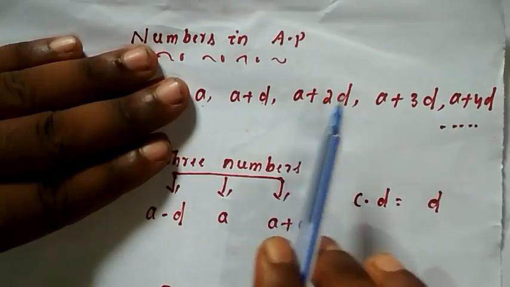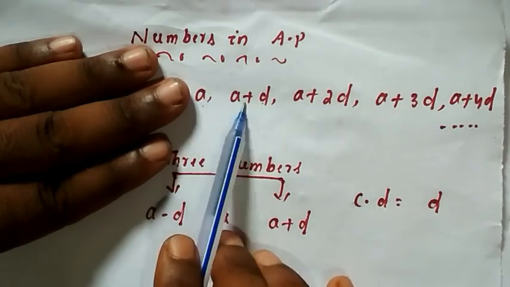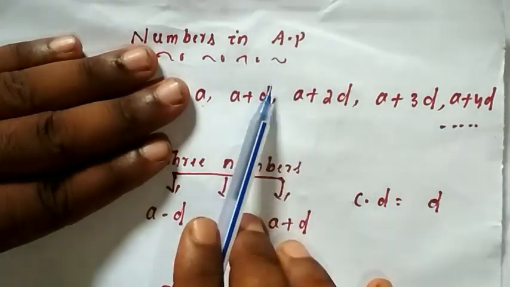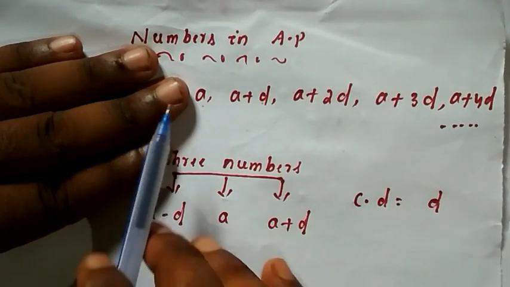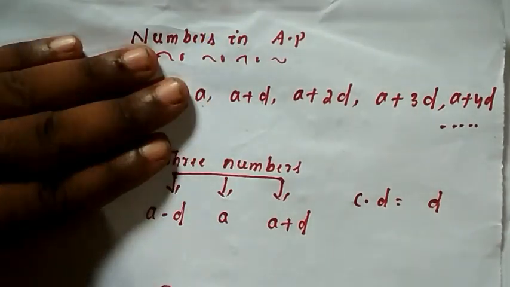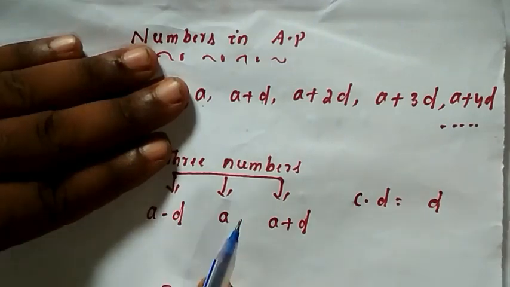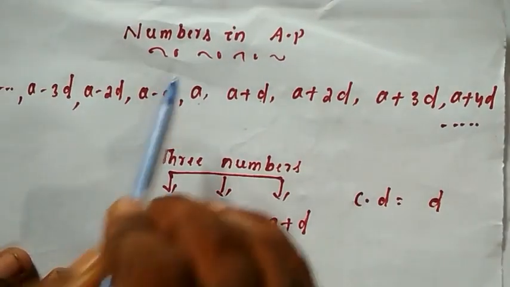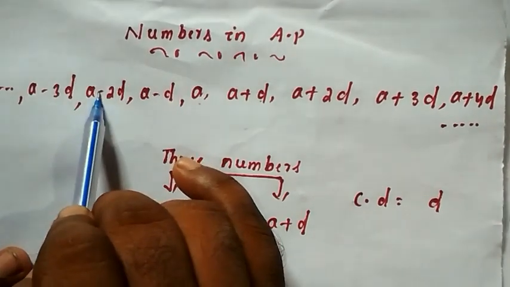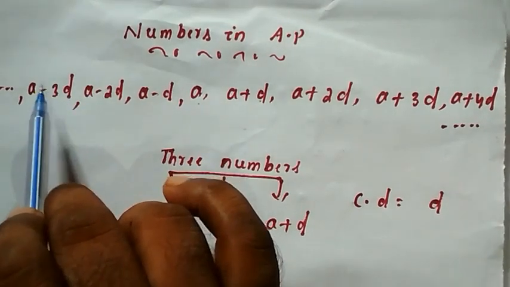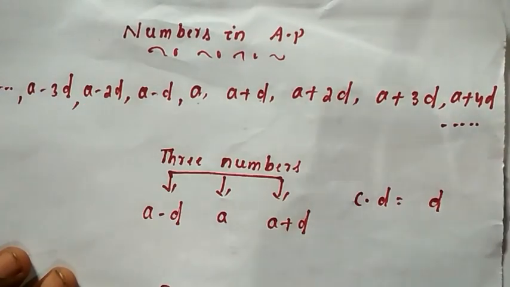Here the first term is a. If common difference will add, it will become second term as a plus d. Again common difference will add, it will become a plus 2d. Like that way, if I move from the left side of a, then which terms will come? It will be a minus d, a minus 2d, a minus 3d, a minus 4d, a minus 5d, a minus 6d and so on. Like that you can write.